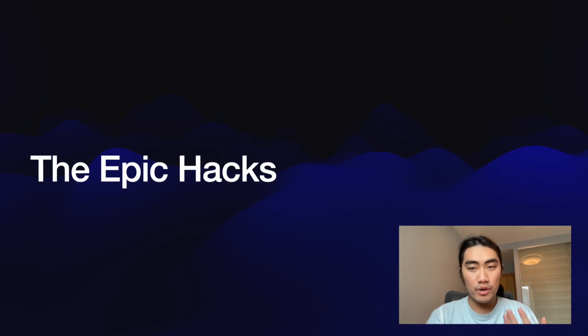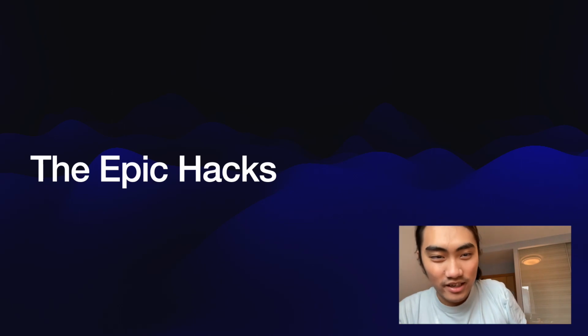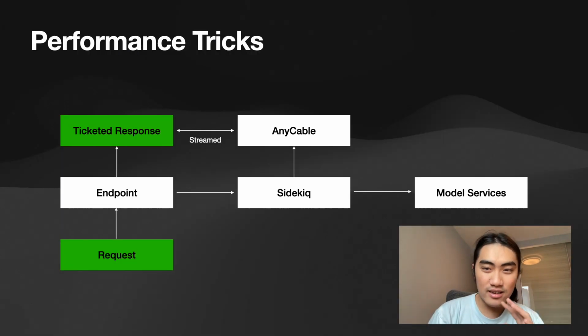But before we put this into an application, we need to do some hacks. Let's see what hacks we need. For example, there is some performance stuff. If you want to build a request that may consume more than 1 second, it will have very poor performance in Ruby on Rails due to the threaded model in Puma.